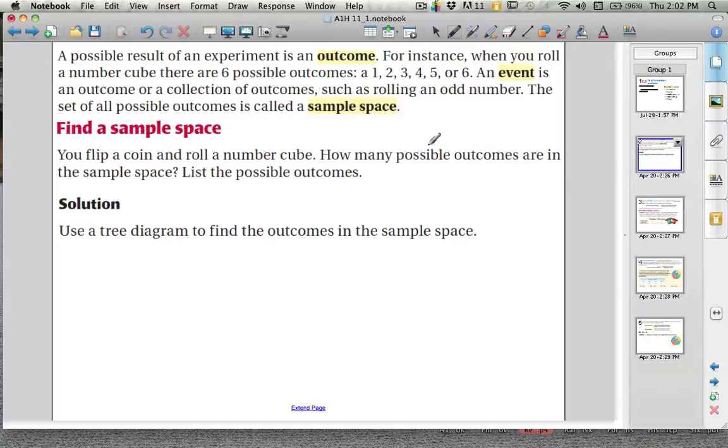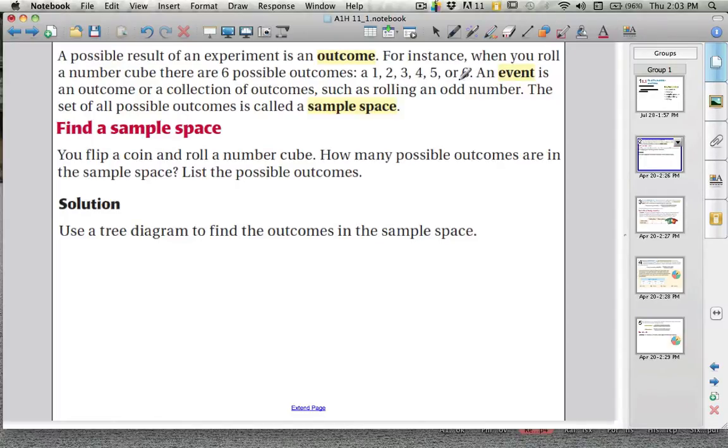Okay, now when we talk about conducting an experiment, anytime you conduct an experiment, any possible result of that experiment is called an outcome. So for example, if I roll a number cube, or one of a pair of dice, there are 6 possible outcomes: 1, 2, 3, 4, 5, or 6.